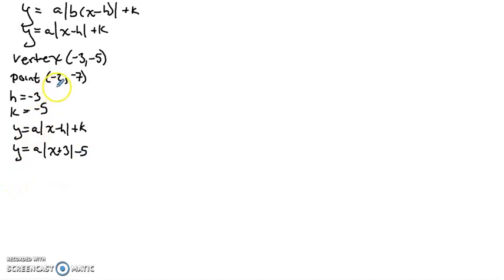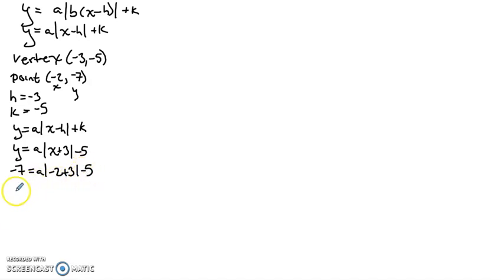Now let's take our x value, so our x is -2 and our y is -7, and plug these in. This is similar to what you would have done last year in solving quadratics. So our y is -7, our x is -2, and now we can solve for a.